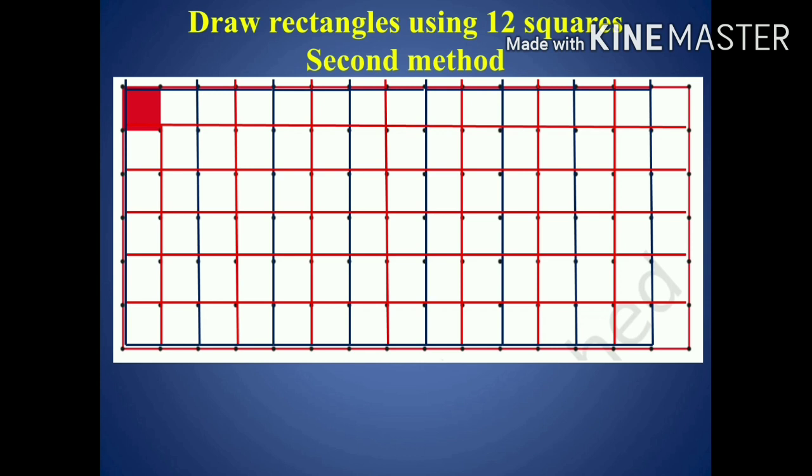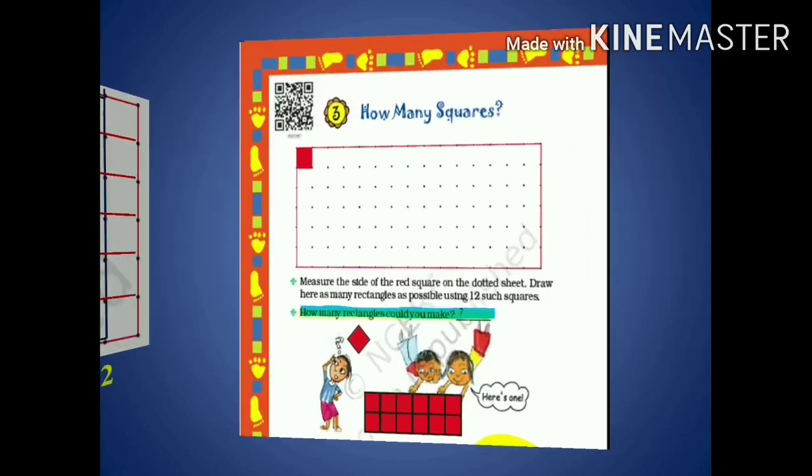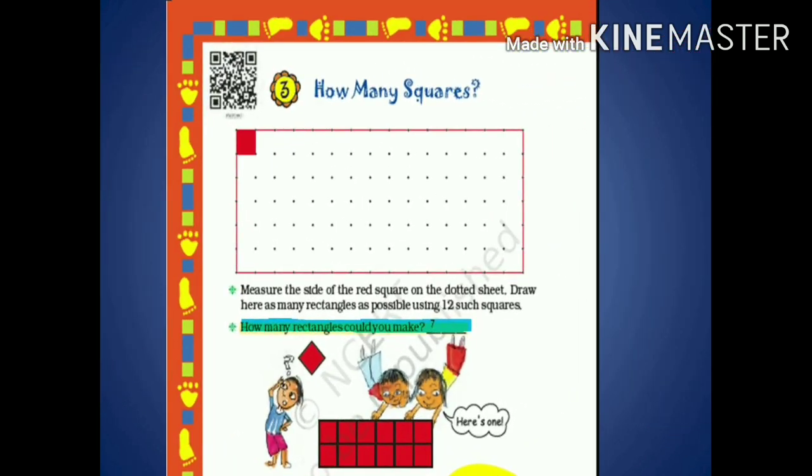Let's count it. 1, 2, 3, 4, 5, 6, 7. So we can make 7 blue rectangles using 12 such squares. Now look at this question. How many rectangles could you make? So we can make 7 rectangles in this dot grid.